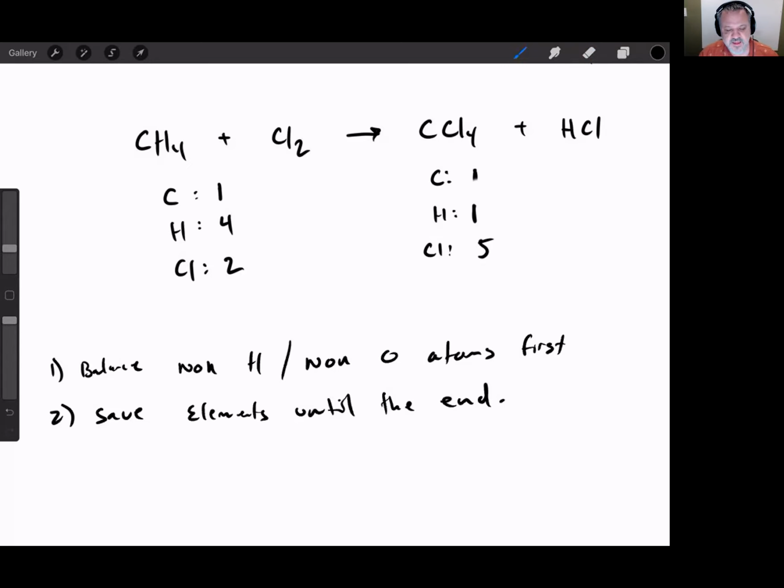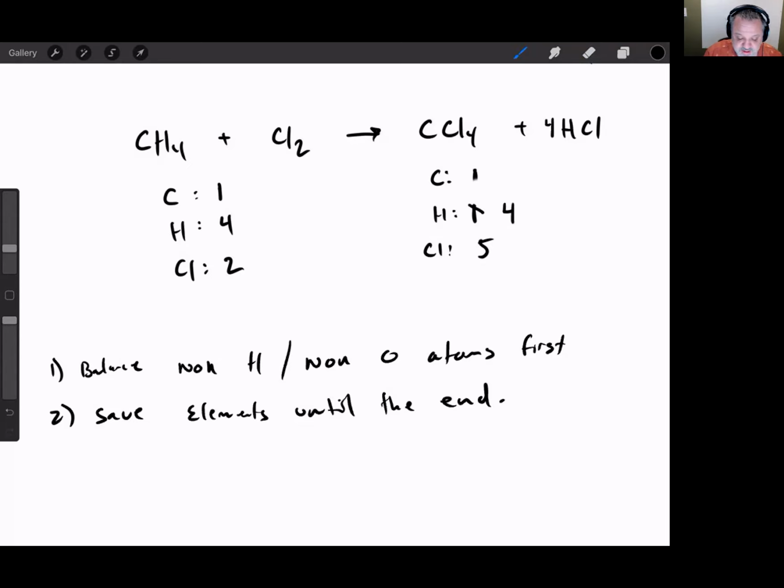So let's take a look at the hydrogen situation. Well, I've got 4 on the left and 1 on the right. So I need to change that so that I now have 4. If I put a stoichiometric coefficient of 4 in front of hydrochloric acid, then I get 4 hydrogens.